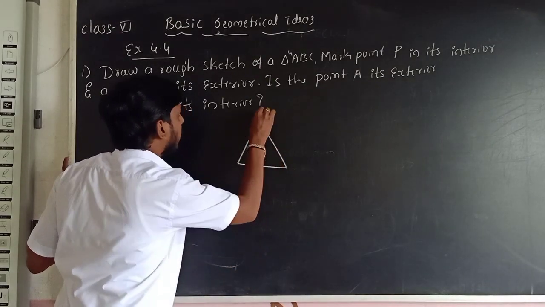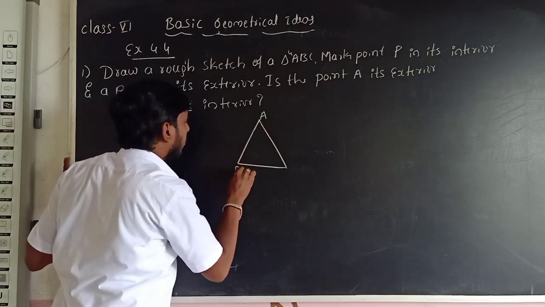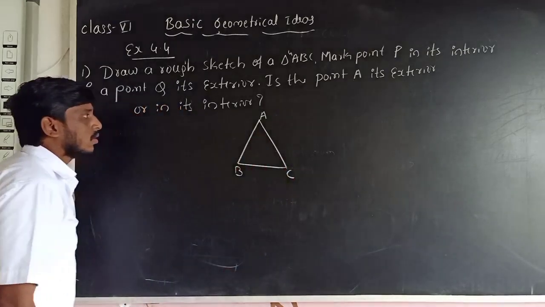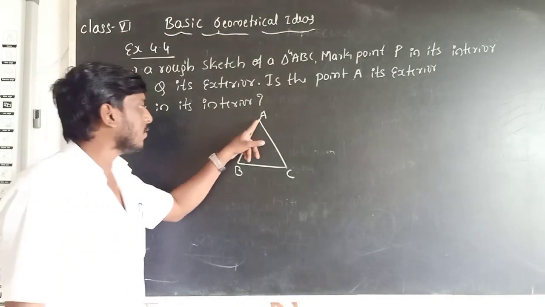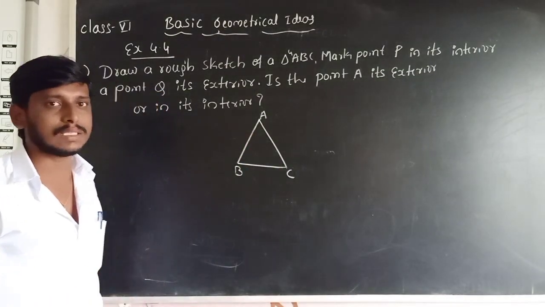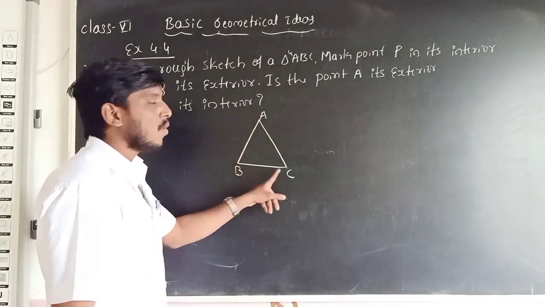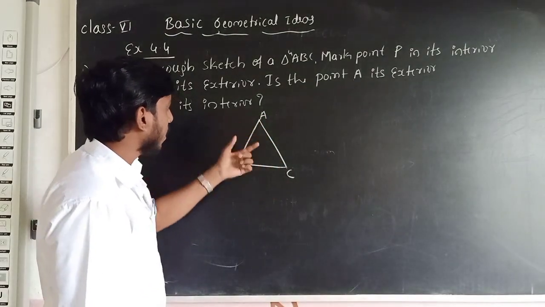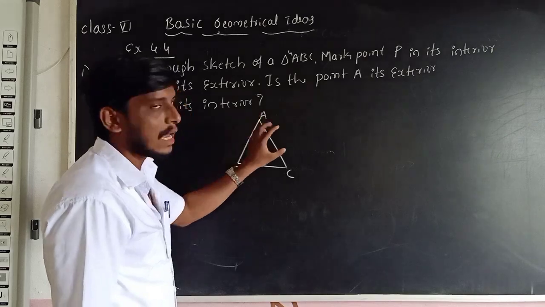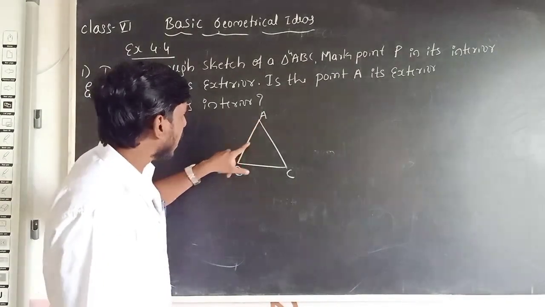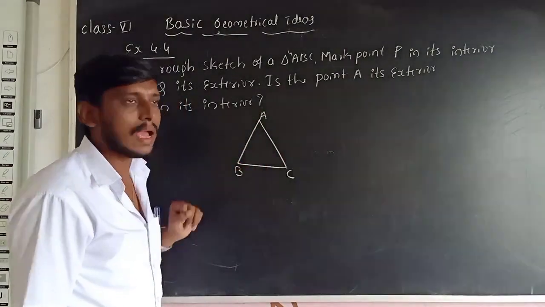So this is the triangle ABC. So we constructed a rough diagram of triangle ABC. Here these A, B, C are vertices. AB, BC, AC are the sides. Angle A, angle B, angle C are the angles.